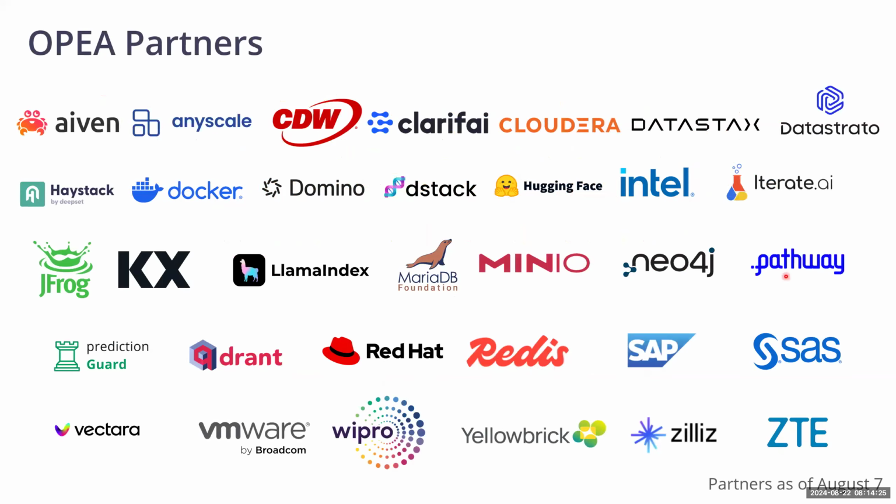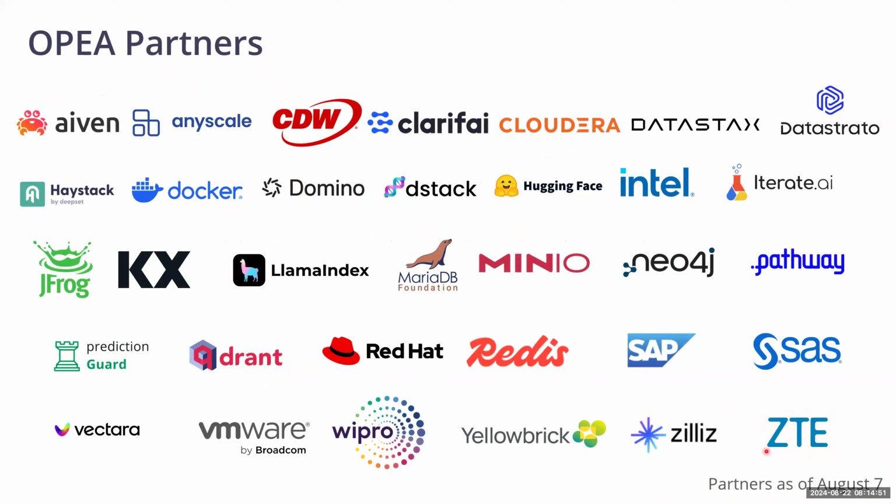Just one page on the top-level marketing side, to let you know how development has gone from an OPEA partner standpoint in the 3-4 months since the launch. As of early August, we had about 35 vendors, which is more than double the ecosystem partners since the early launch.